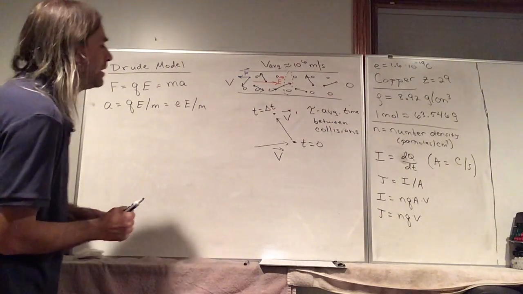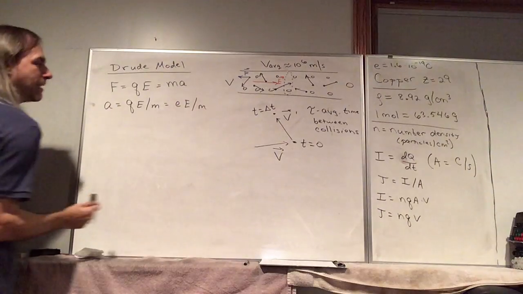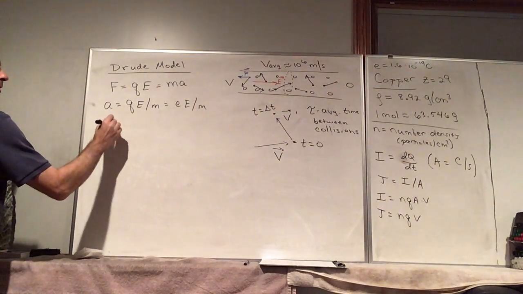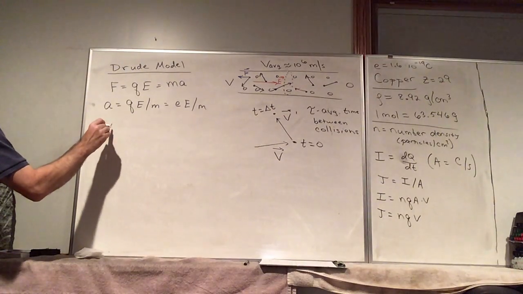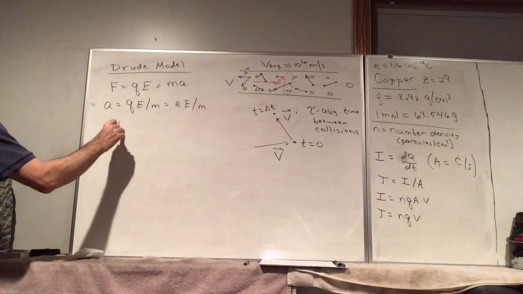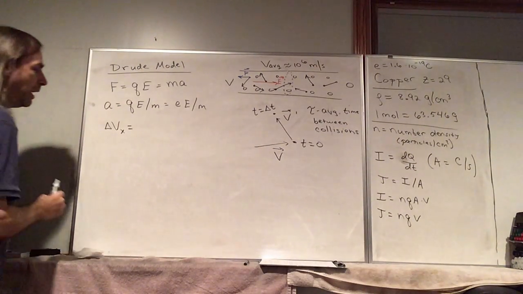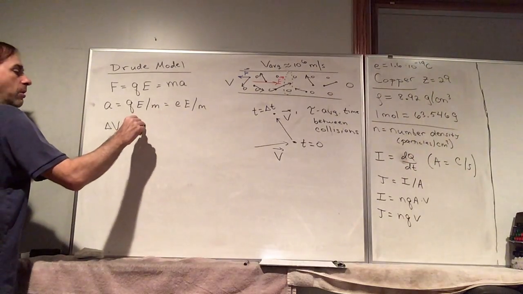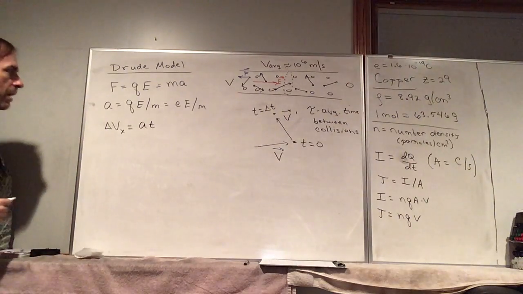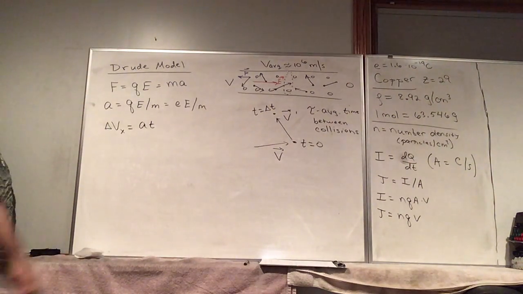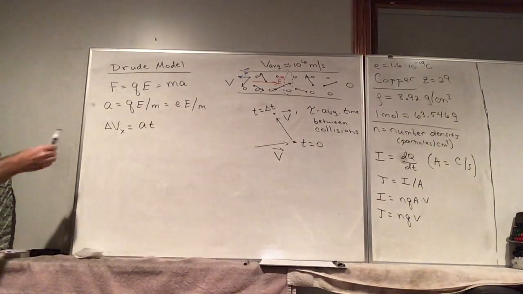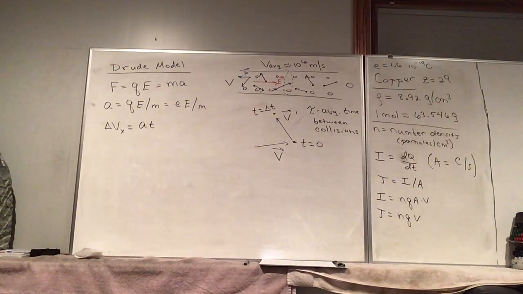And what happens, remember, just from constant acceleration kinematics, let's just look in the x direction. The change in velocity in the x direction is going to be equal to the acceleration in the x direction times t. And again, the acceleration is purely in the x direction because that's where our electric field is directed. And so this delta v is a times t.